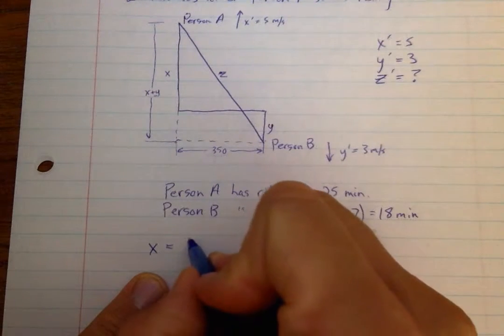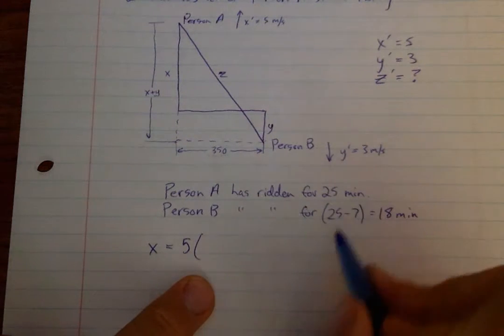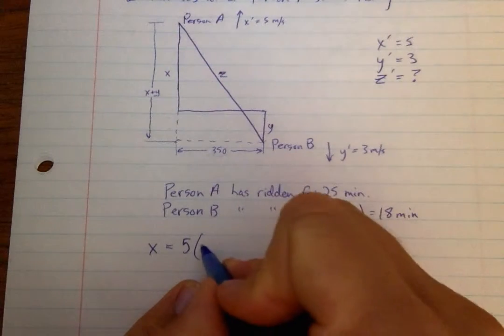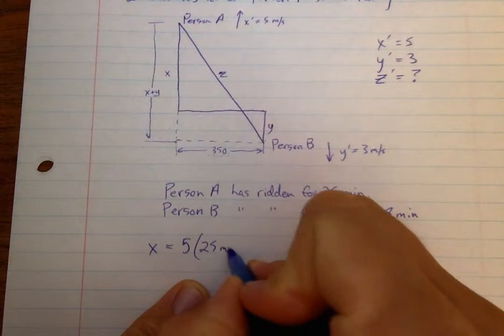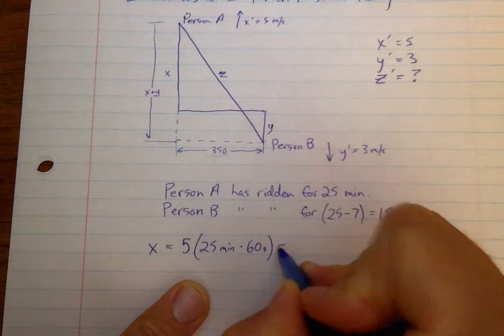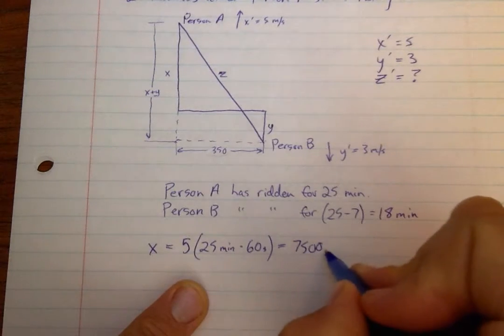So he has ridden at 5 meters per second, and he's ridden for 25 minutes. Now we're talking seconds here, so we need to multiply 25 minutes times 60 seconds, right? And that will get us our answer, which is 7,500 meters.